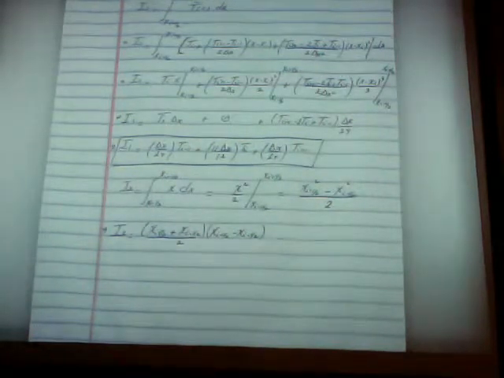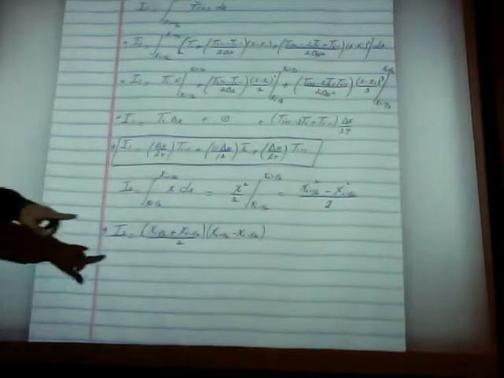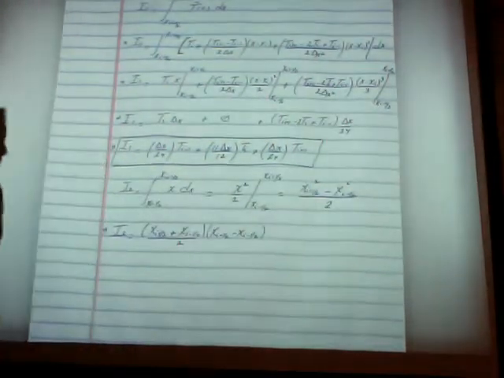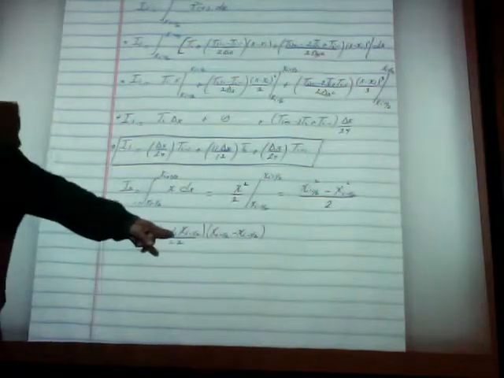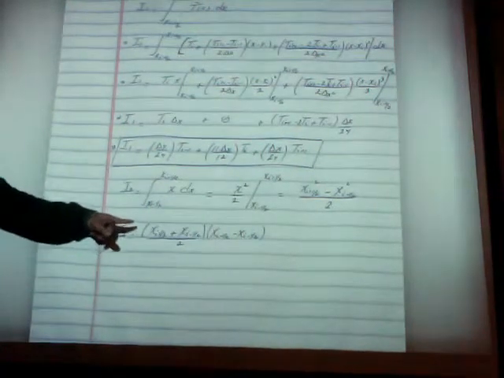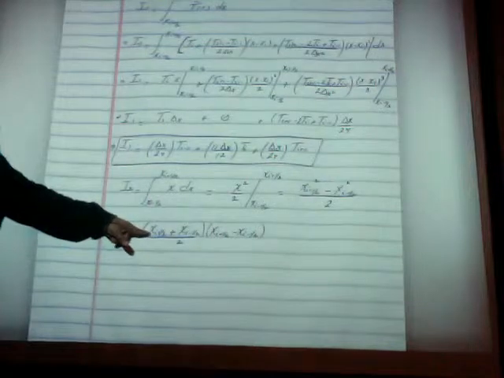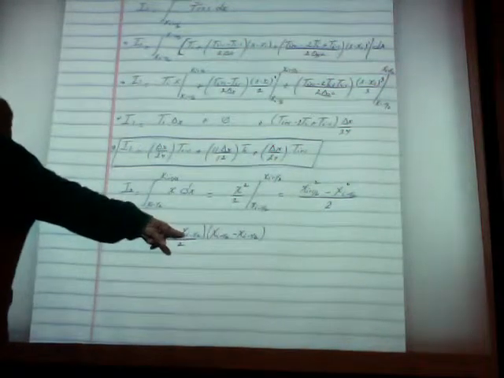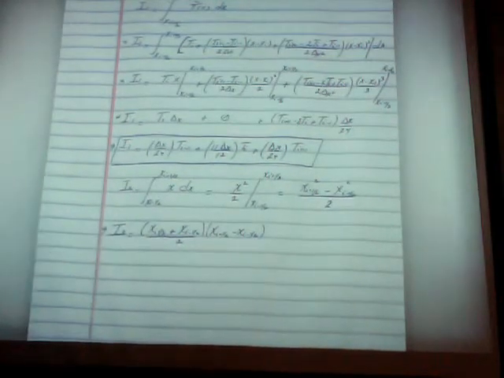Right? So, what is this? Delta x, right? And this, halfway between the right interface and the left interface, it's just x_i, right?